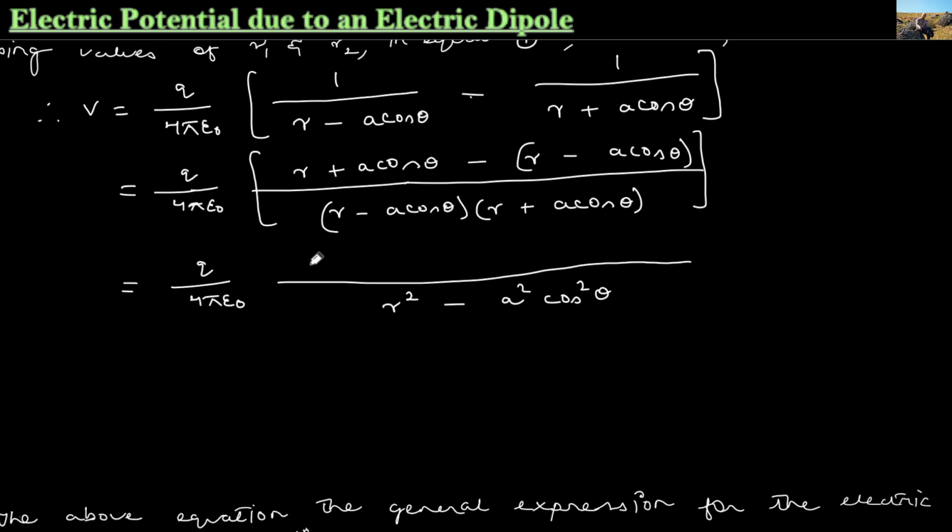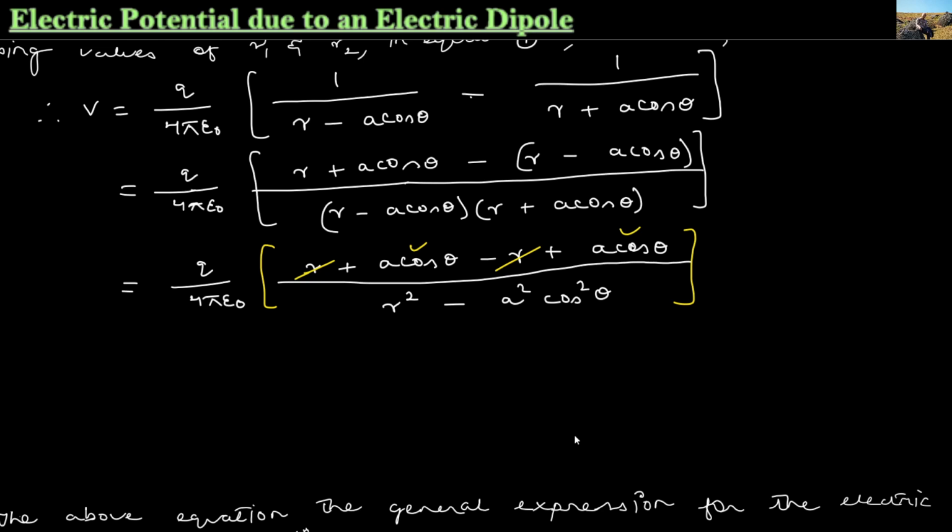If I remove the bracket in the numerator, some of the terms will get cancelled. Minus into plus will give you minus, minus into minus will give you plus. So some terms get neutralized and cancelled. The surviving terms are only these two.